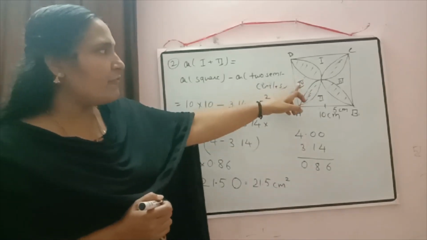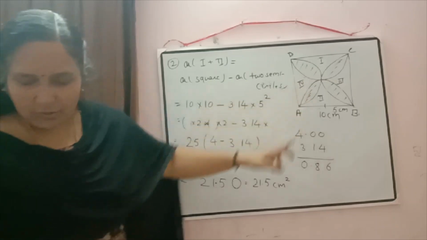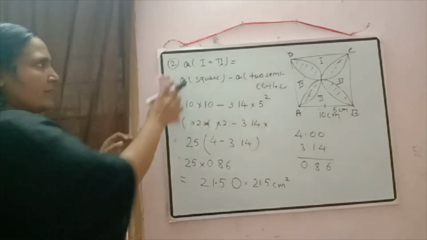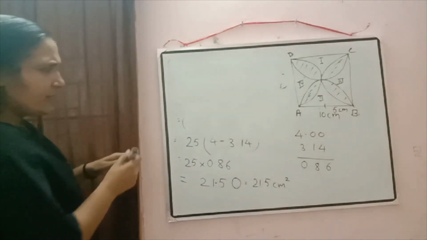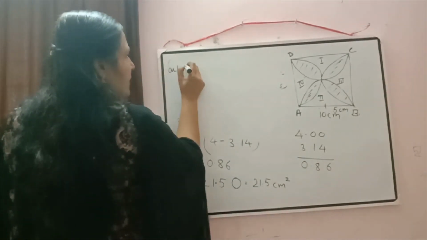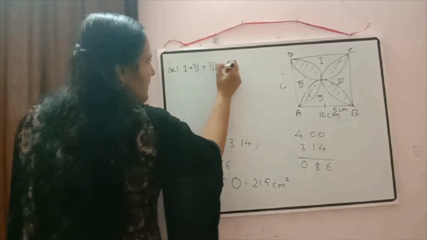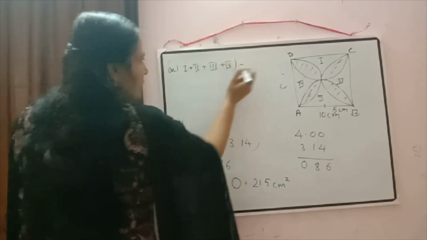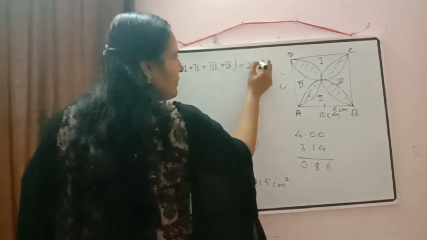So the area of fourth and third region also will be the same. That we are not showing. Directly we will write it down. Area of first plus second plus third plus fourth is equal to, what we got, area of first plus second as 21.5.